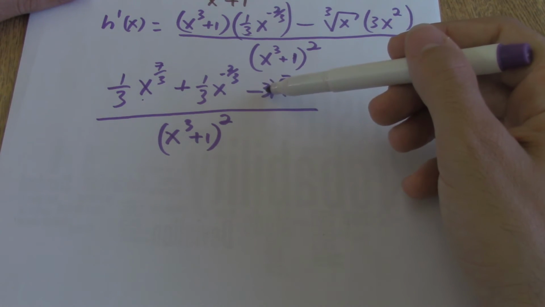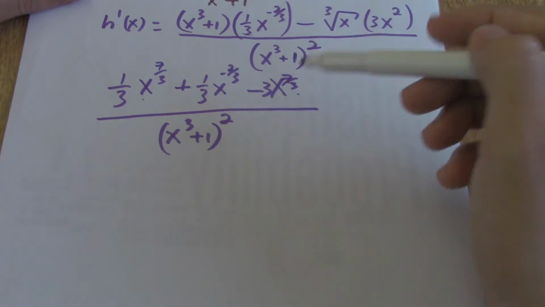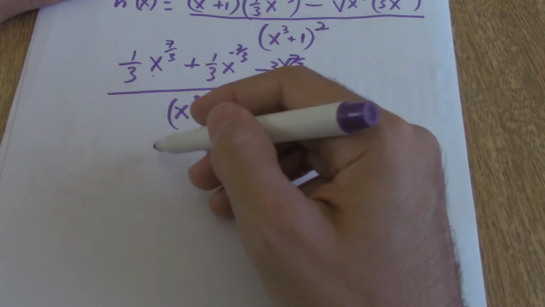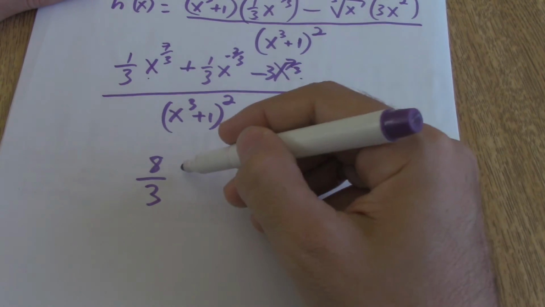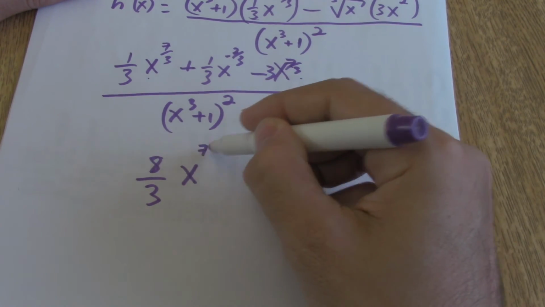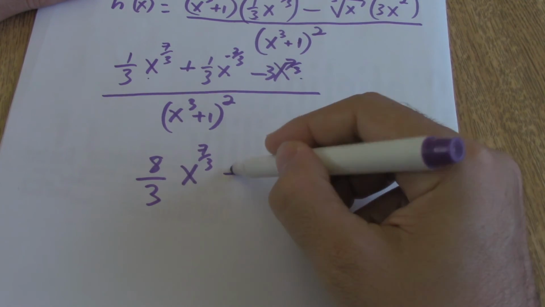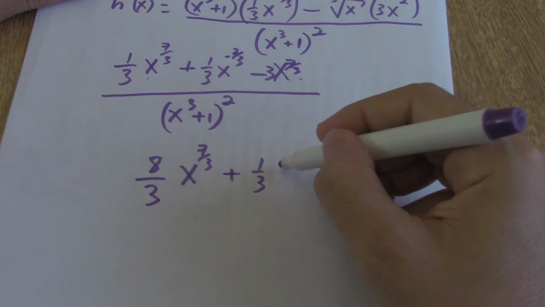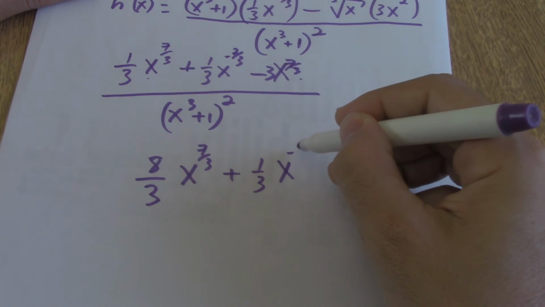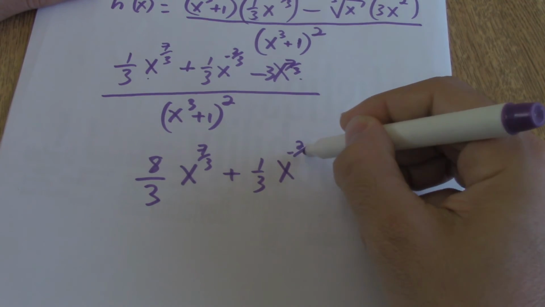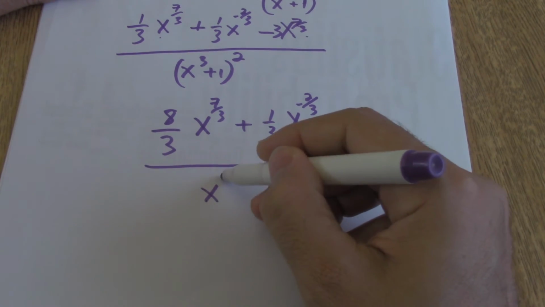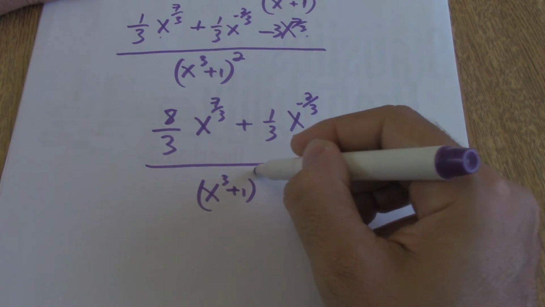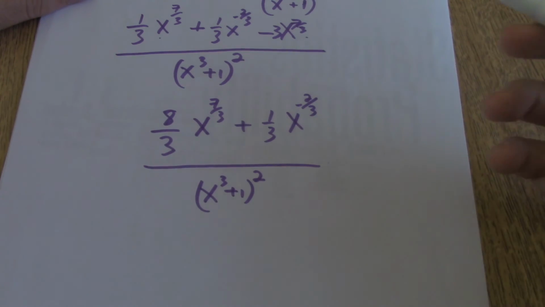So 1 minus 9 is negative 8/3. So that would be negative 8/3 as the coefficient of x raised to 7/3, plus 1/3 x to the negative 2/3, and that is divided by x cubed plus 1 raised to the second power. And that will be an answer.